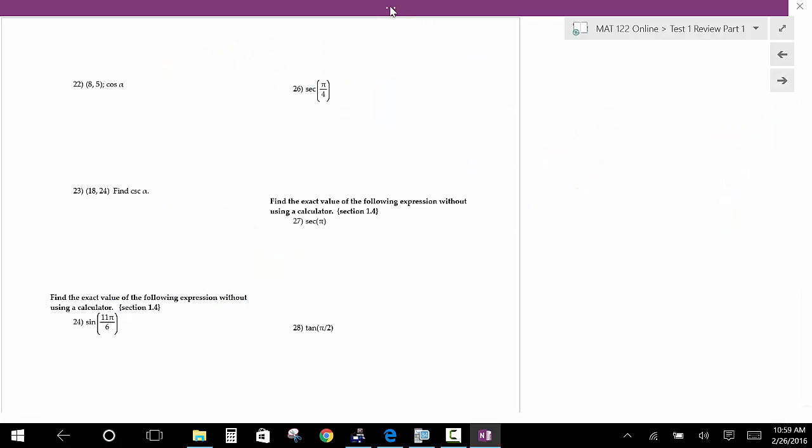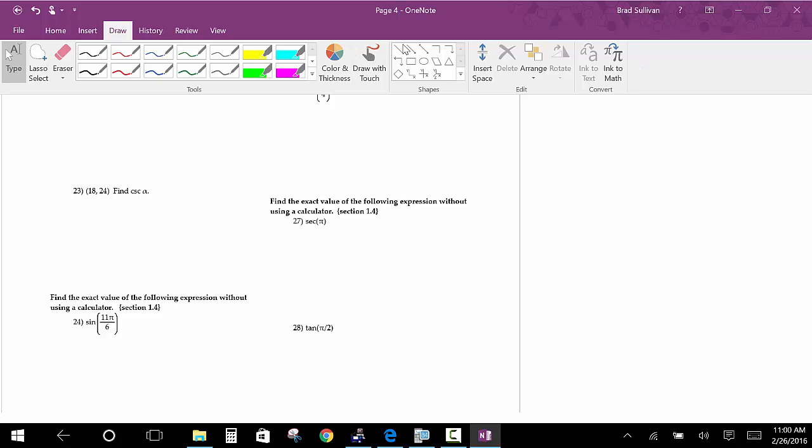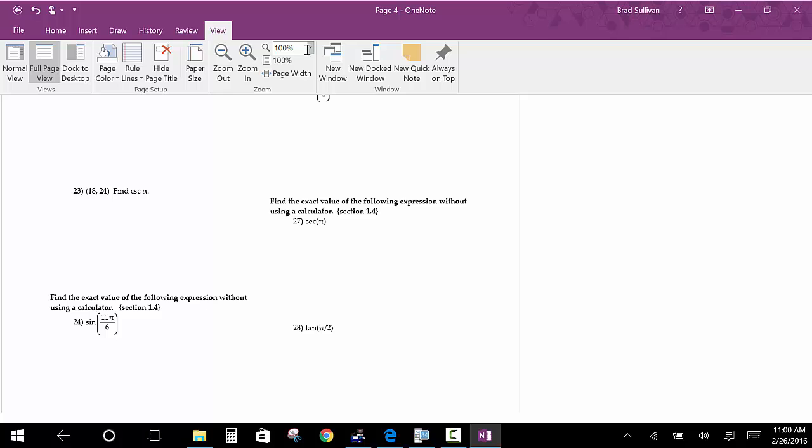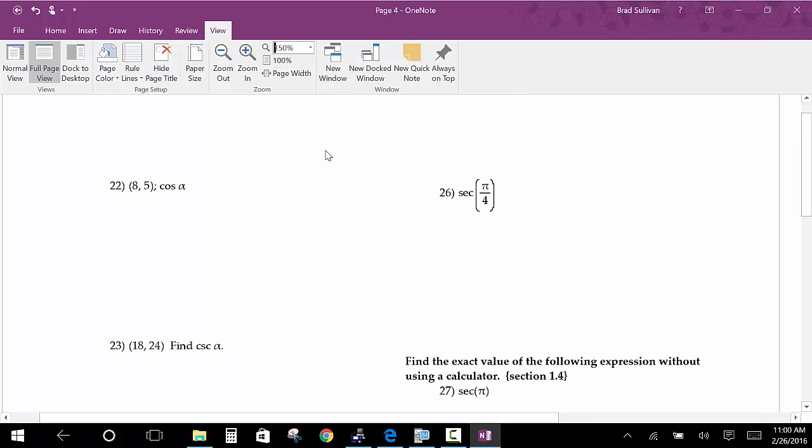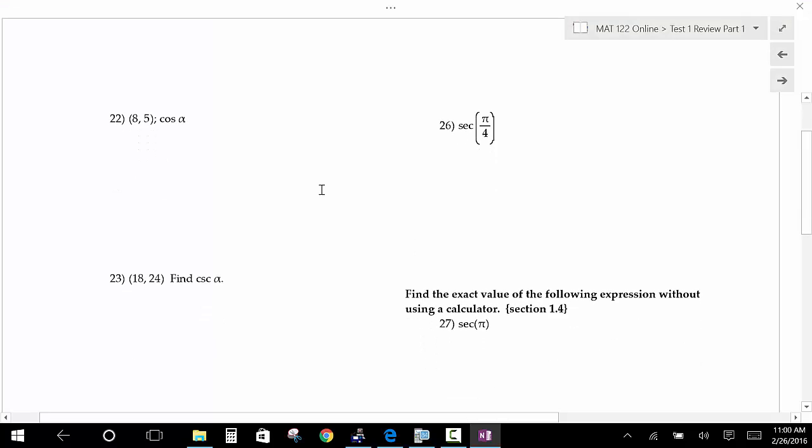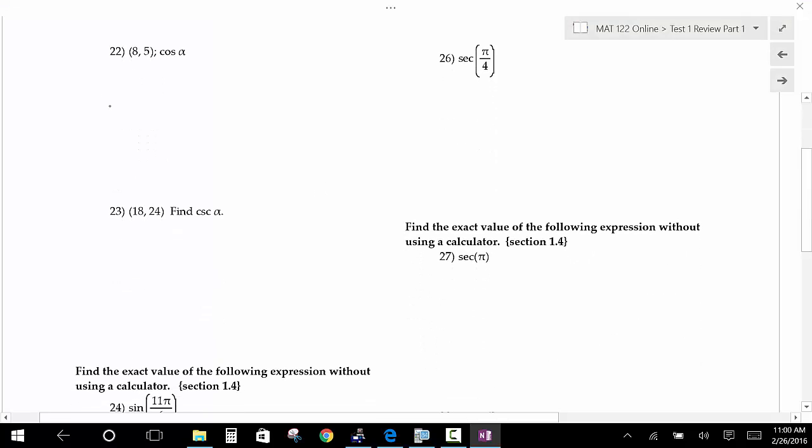And we look at page 4. We're going to do a couple more of those. I just want to do several of those because I'm really wanting to review all the different trig functions. So there's 6 trig functions, so you need to obviously know the definition of all those. Okay, so if we do the cosine, the cosine by definition is x over r. So in this problem I gave x, and we need to find r.